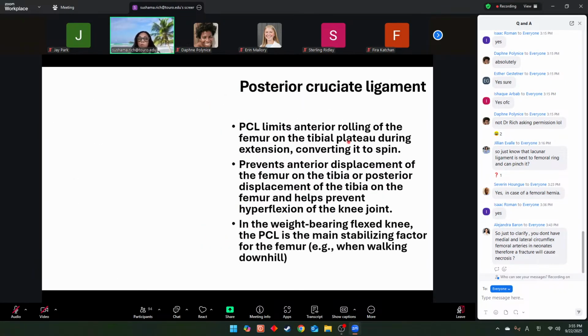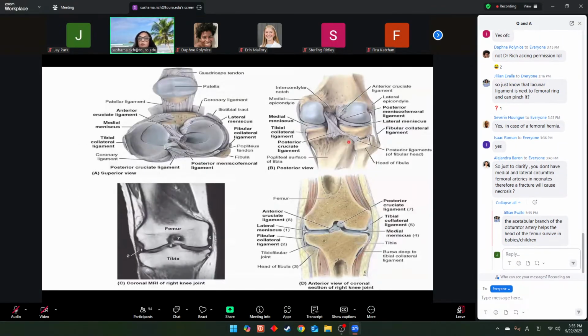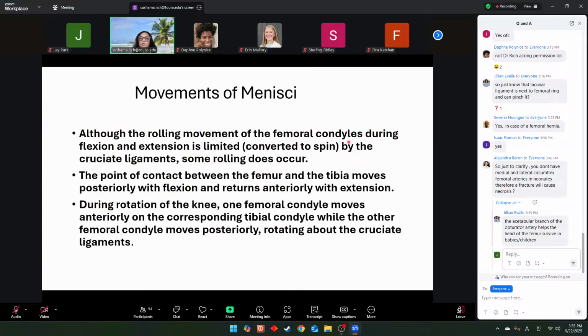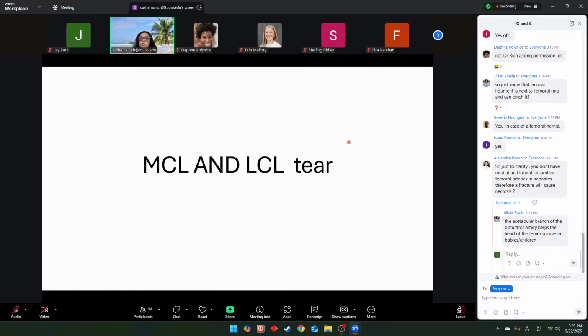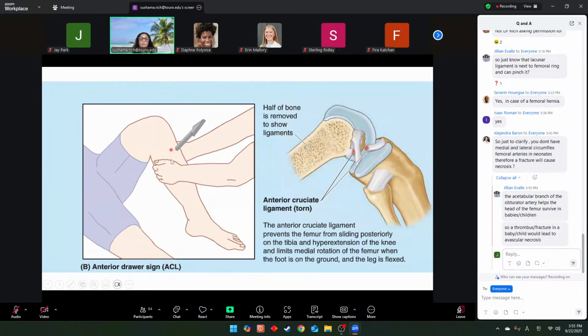I'm going to come back to that picture, this cross section, again. This is how the anterior drawer sign and posterior drawer sign are important for you to know. I'll start with the anterior drawer sign and ACL tears. You have your two thumbs, usually on either side of the tibial tuberosity. You cup the entire calf, depending on how big the calf is. If you can't cup it, you probably will have to put your fingers further away from the tibial tuberosity.